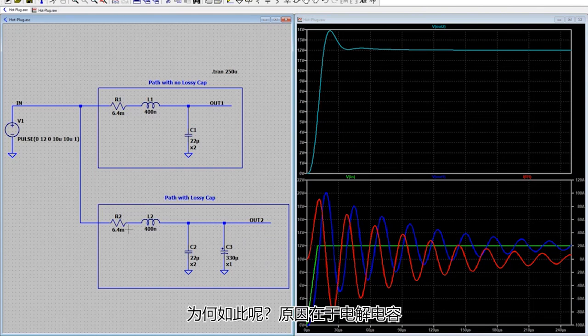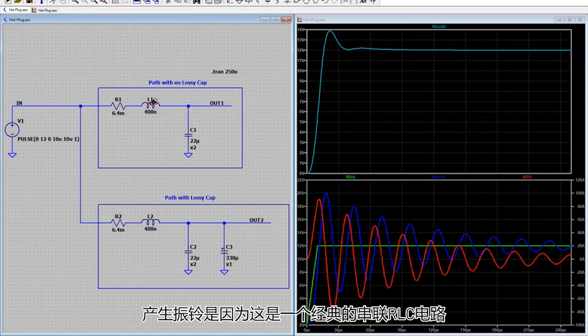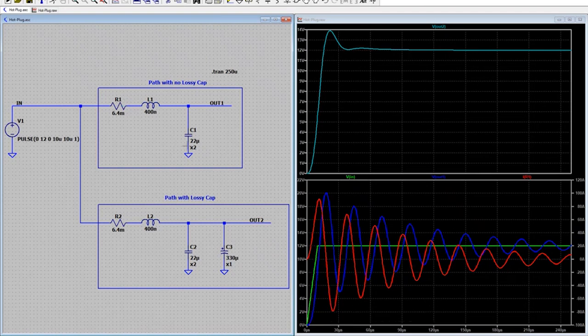So why is that? It's because the electrolytic capacitor, which is much larger than the ceramic cap in capacitance value, helps damp that ringing behavior. The ringing is caused because this is a classic series RLC circuit. And the Q of a resonant circuit like that has to do with the resistance.